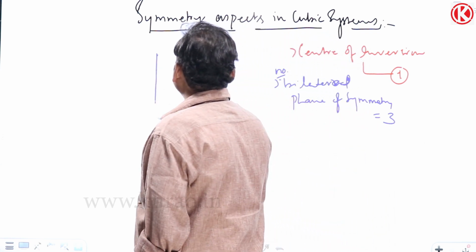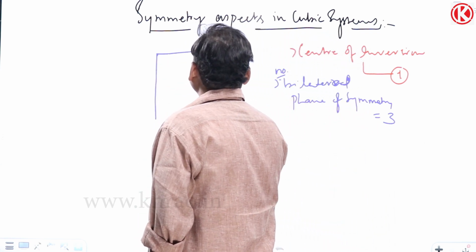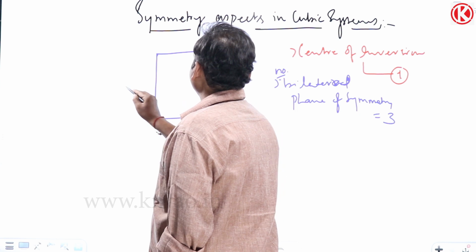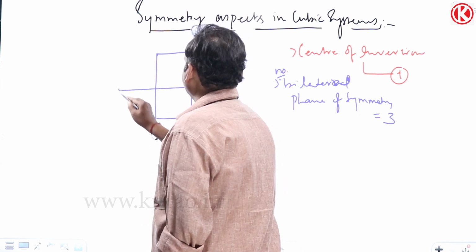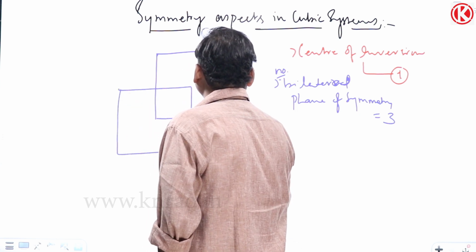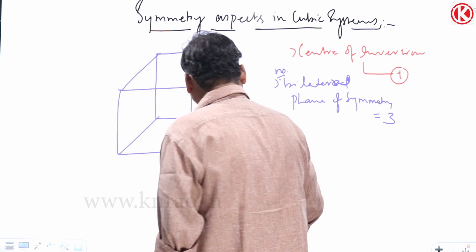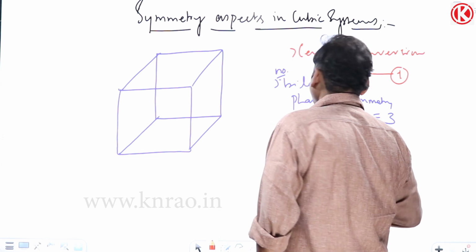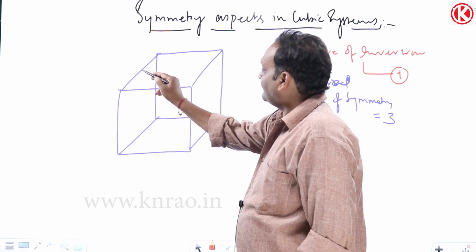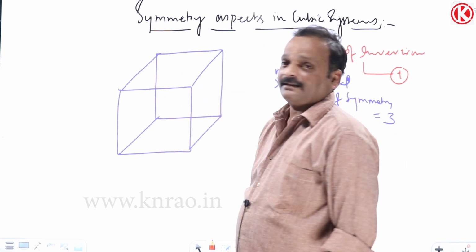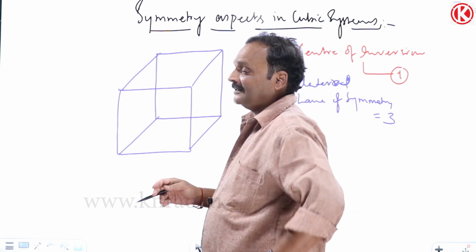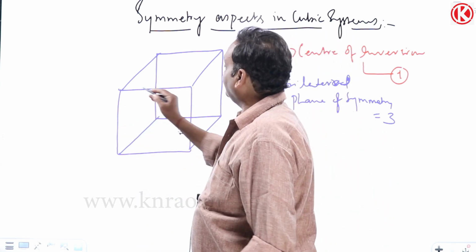Again, draw one cube. Now, earlier for bilateral planes of symmetry, we cut the cube like this. Now, I can cut the cube into two similar parts like this also, isn't it?